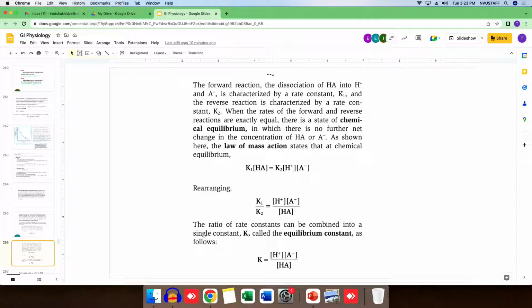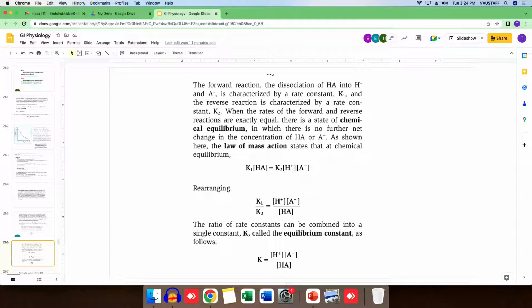And as we have K1 and K2 together, we should use one K constant. So from that we got a K constant, and this is called the equilibrium constant, where we can calculate whether it is an acidic or a basic situation, for example, in the blood.